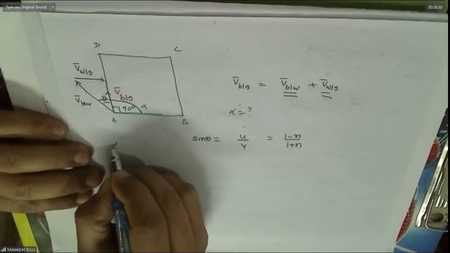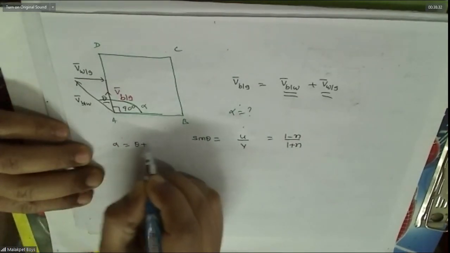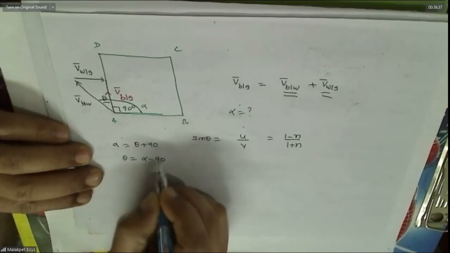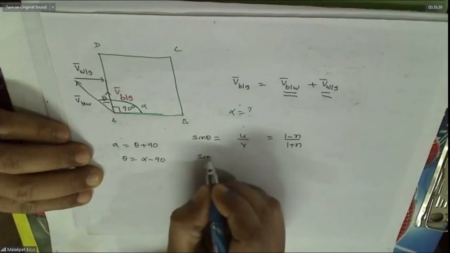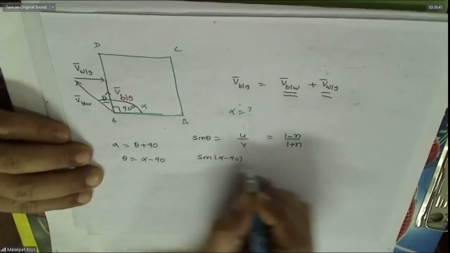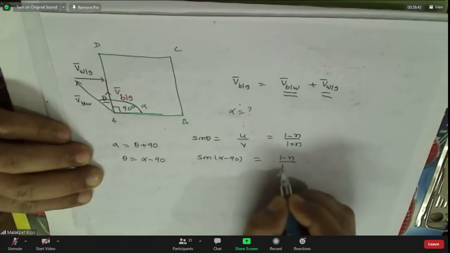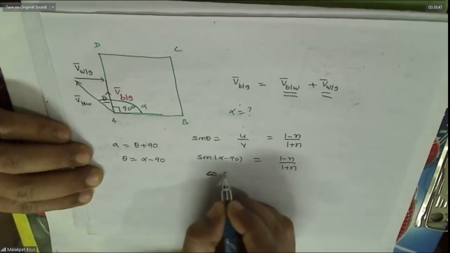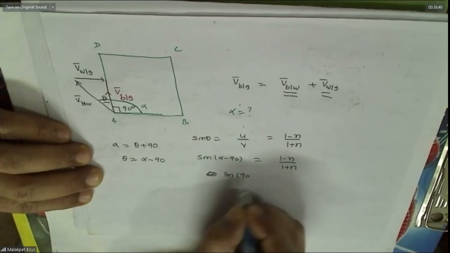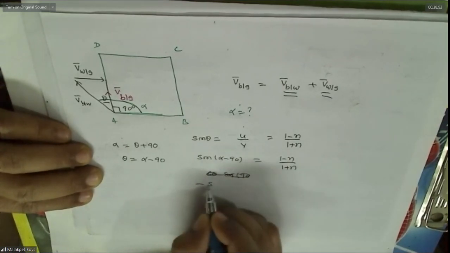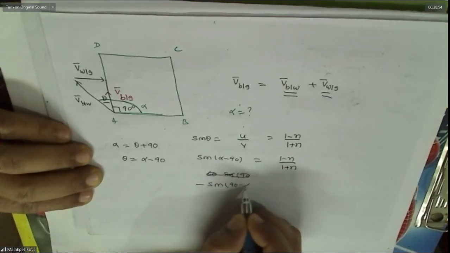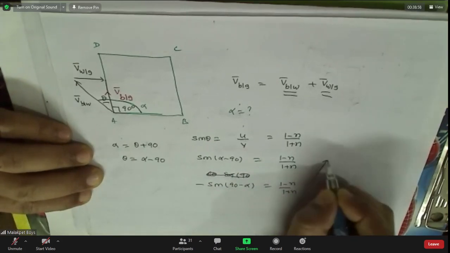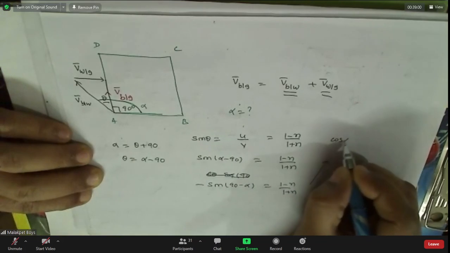Yes, sir. Alpha is theta plus 90. So what is theta? Alpha minus 90. This is alpha minus 90. 1 minus n by 1 plus n. What is this? Remember this trigonometric relation? Yes, sir. So this is nothing but cos alpha.